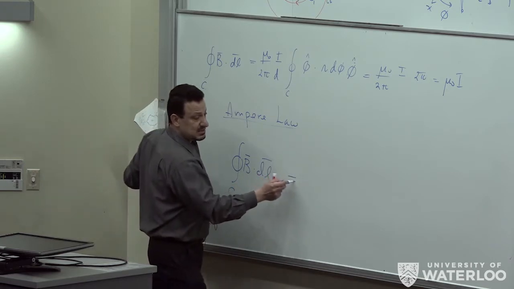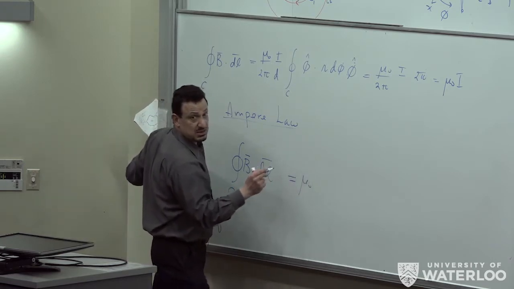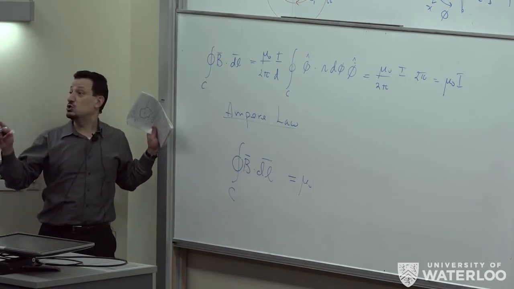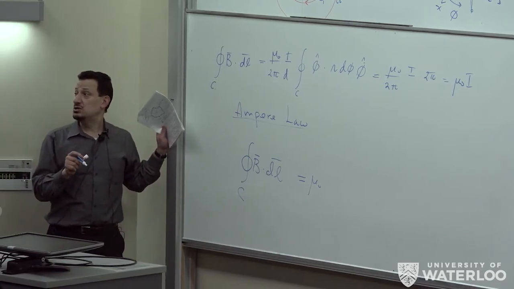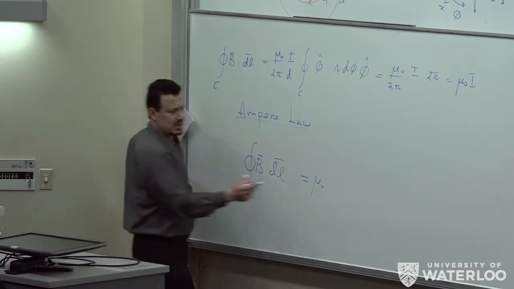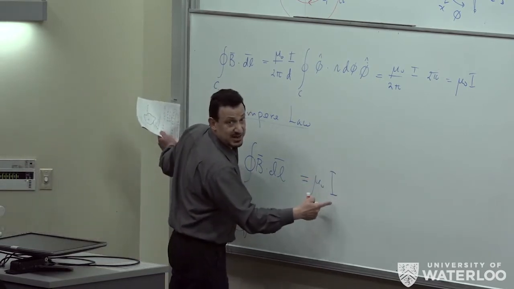You will get a constant mu naught multiplied by the I that is enclosed by that contour. Incredibly powerful result.